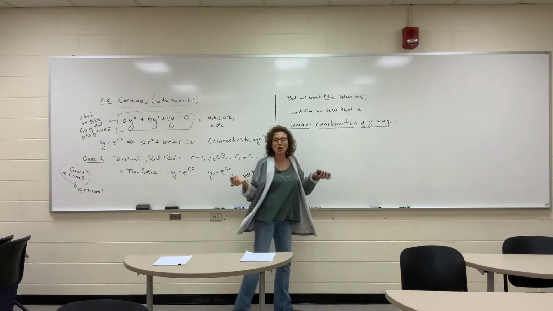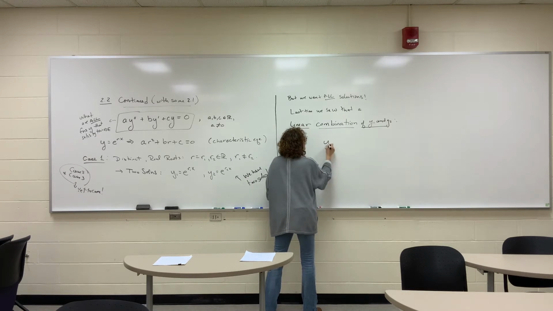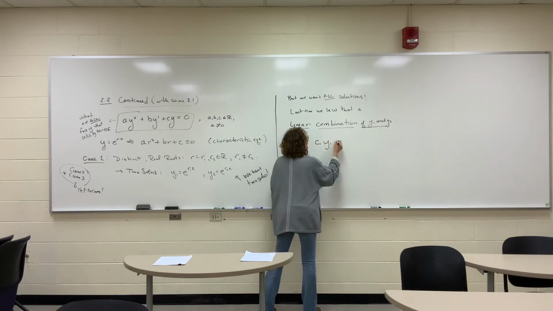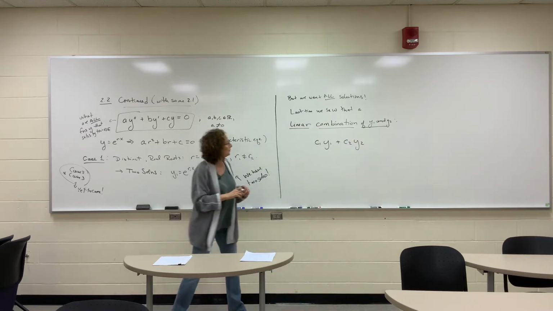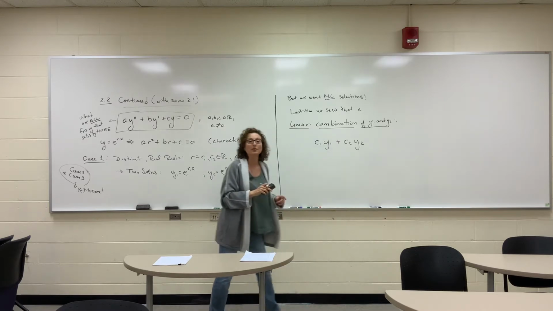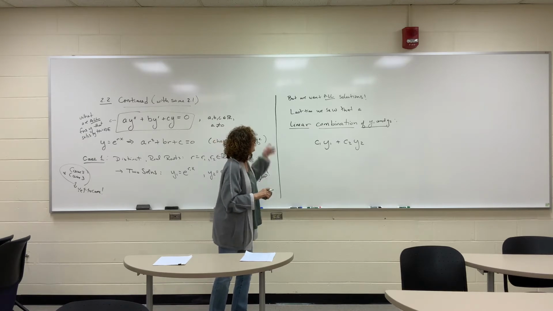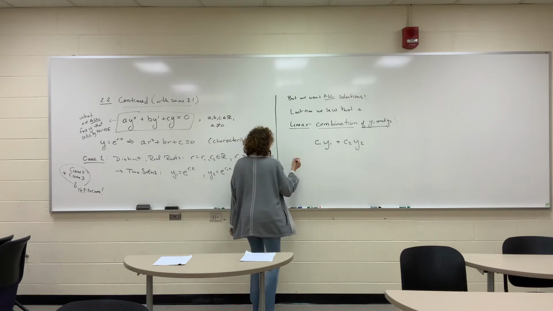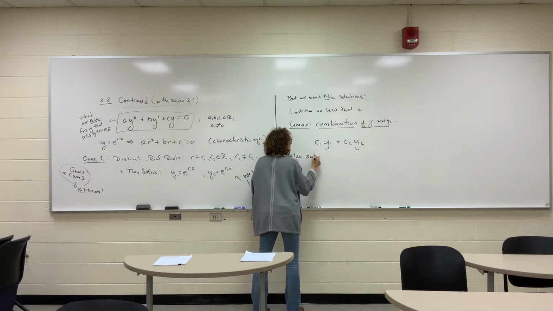What is a linear combination of y1 and y2? I combine these two things linearly, which means I multiply by a constant and add. Multiply each one by its own constant and add those two together. That's what a linear combination is. Okay, so last time what did we see? We saw that a linear combination of y1 and y2 also satisfies the ODE.